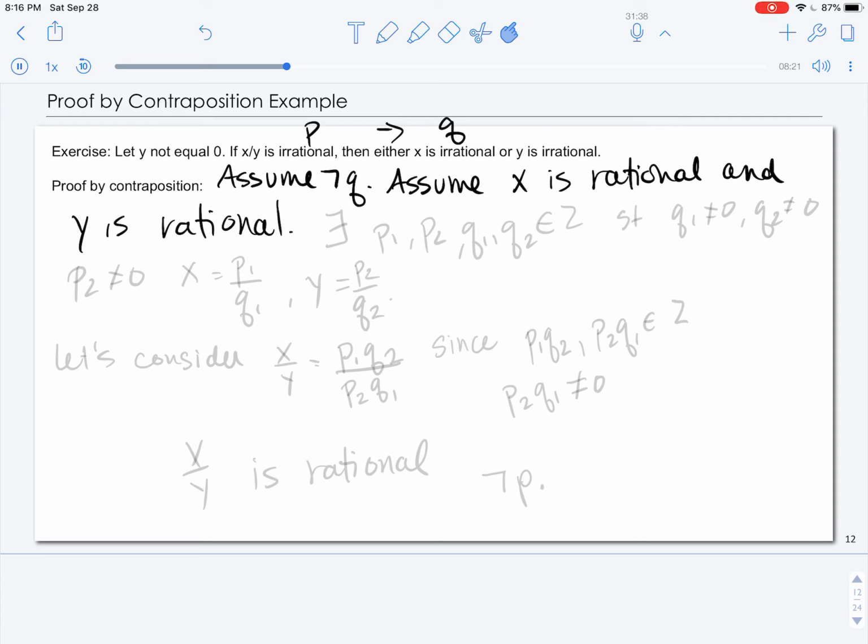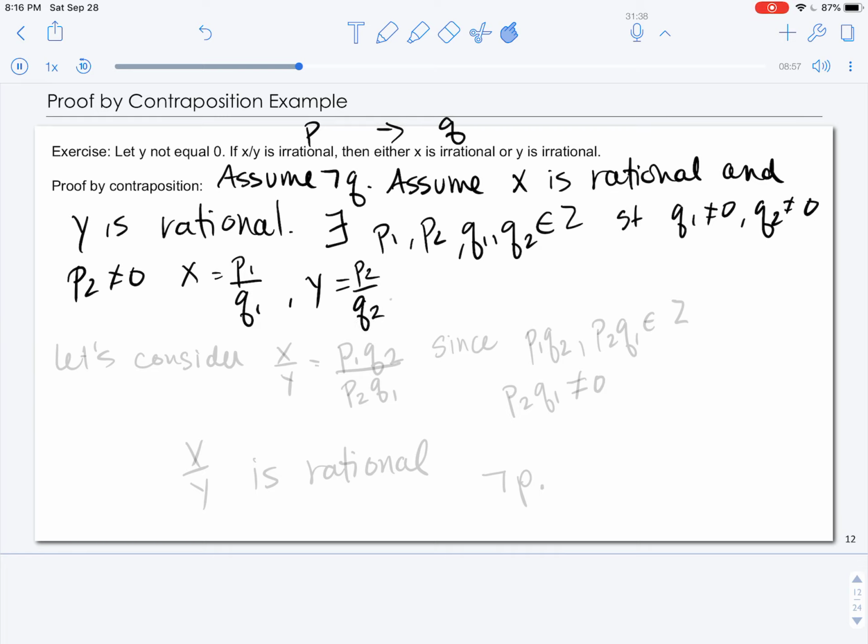Since they're both rational, we know that there exist integers p1, p2, q1, q2, such that q1 is not equal to 0, q2 is not equal to 0, and p2 is not equal to 0, such that x is equal to p1 divided by q1, and y is equal to p2 divided by q2.